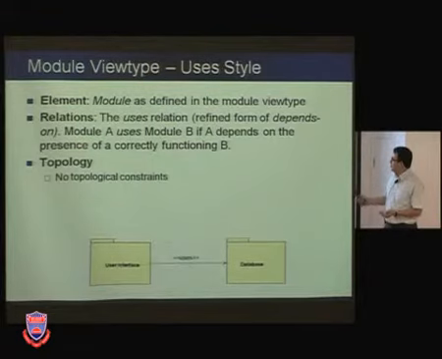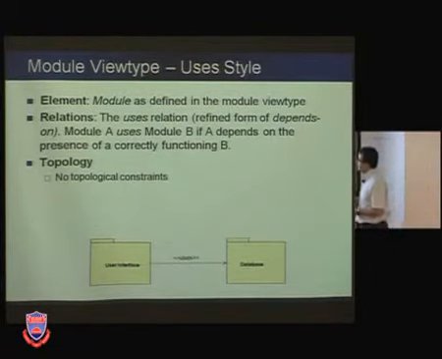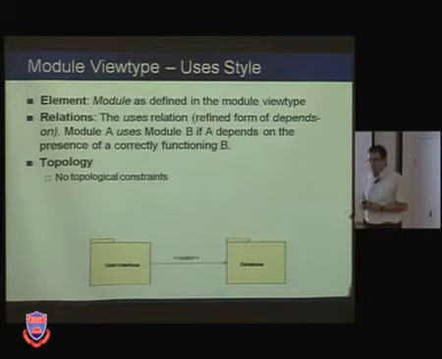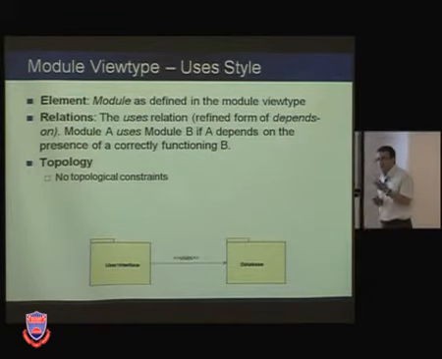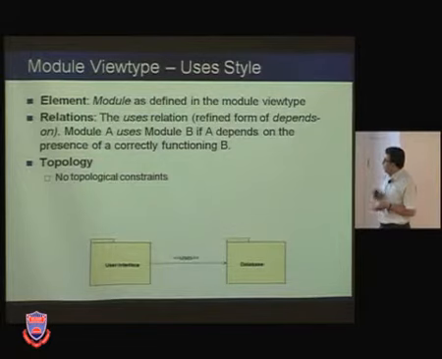Here, use the uses relation. In the module view type, we have seen there were 3 relations: decomposition, depends on, and is a. The uses relation is a refined form of the depends on relation.